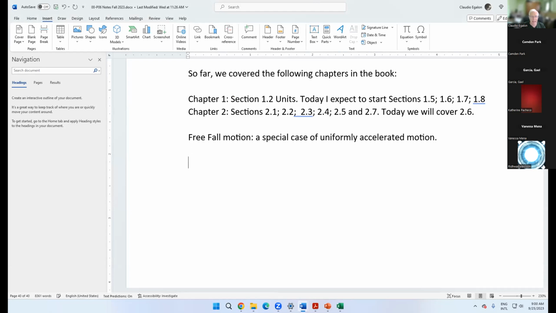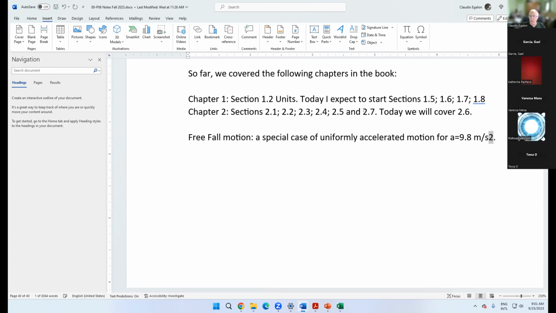If you learn uniformly accelerated motion, you will understand free fall motion, okay? It is a special case of uniform acceleration motion for a equal to 10 meters per second squared. Well, strictly speaking, it's 9.8, okay? But to simplify calculations, we usually use 10 meters per second squared.